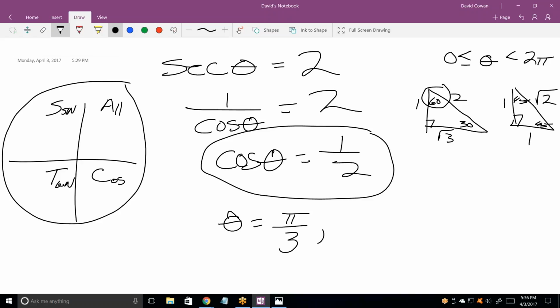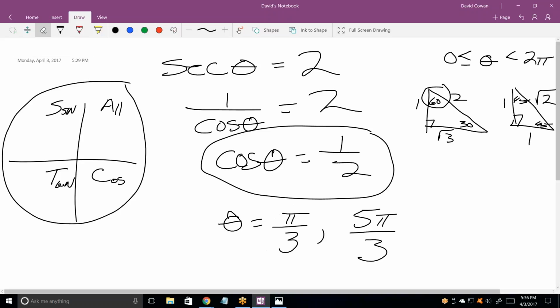Which quadrants? It's going to be the fourth quadrant. In other words, we've got the first one. What is the equivalent fourth quadrant angle for pi over 3? Wouldn't it be 5 pi over 3? There you go. Those are your two answers to this problem.